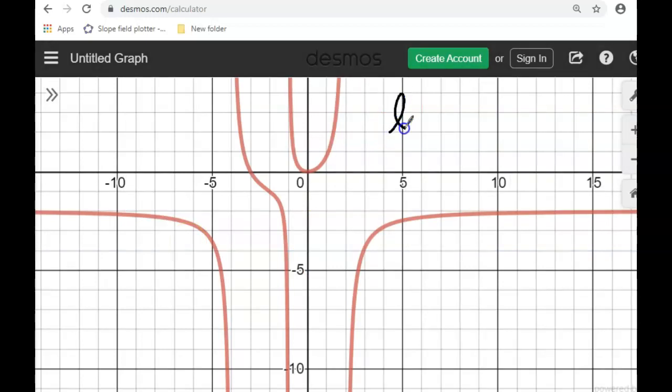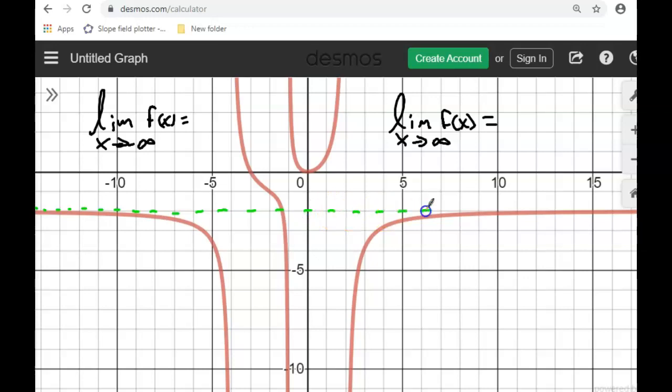So what's happening here at the far right of my function? In other words, what's the end behavior of this function? And what's happening at the far left of this function? Well, either way you want to cut it, it seems like there is a horizontal asymptote right about here, right? So as I move to the right forever, my y value is getting closer and closer to a y value right about here, which I can see.